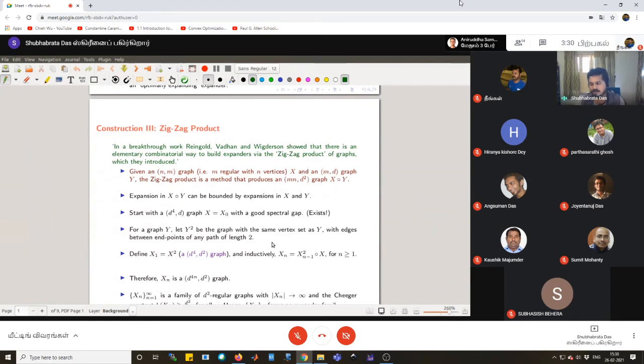This is another typical family of expanders whose construction is a very celebrated one, and it's very important for applications, especially in computer science and other related areas, networking, etc. What I understand about this construction of this expander family is that this was done by Reingold, Vadhan, and Wigderson.